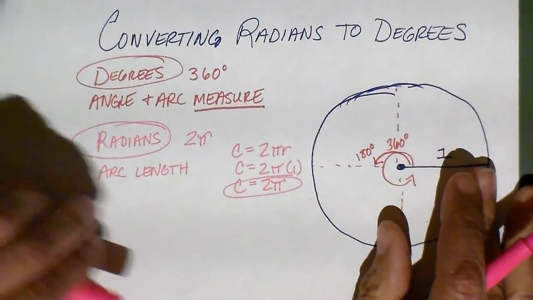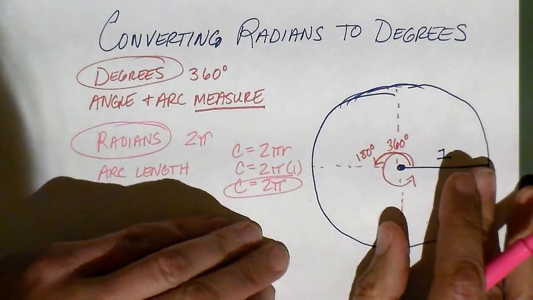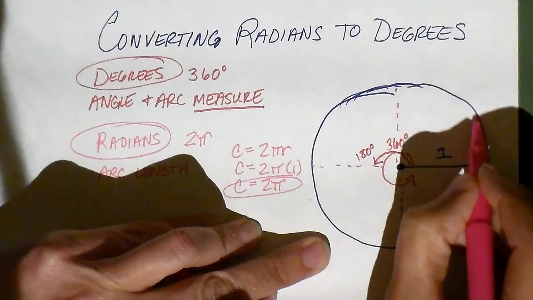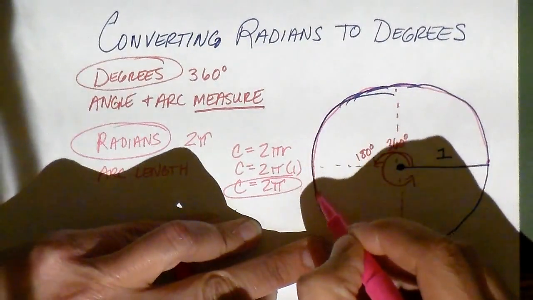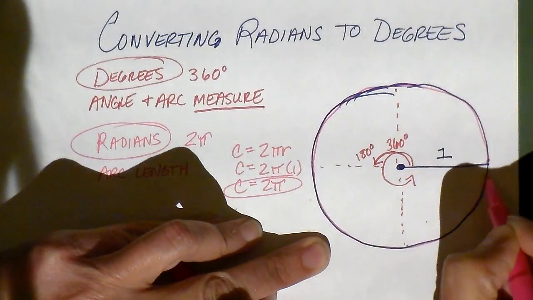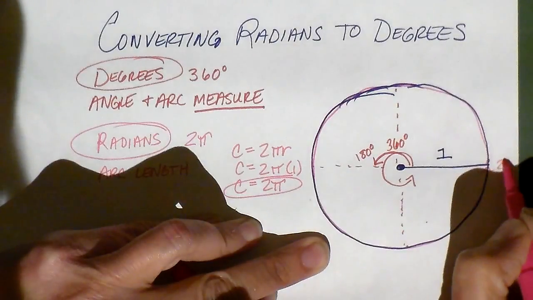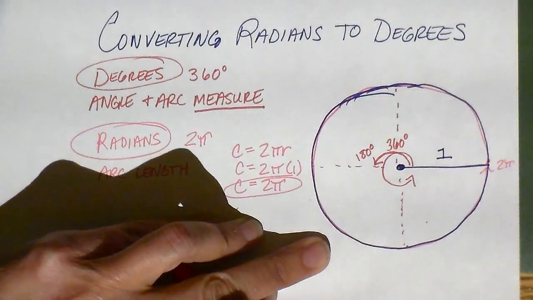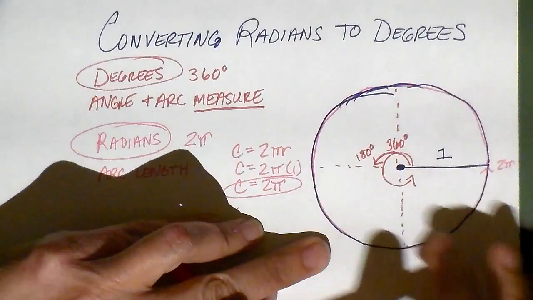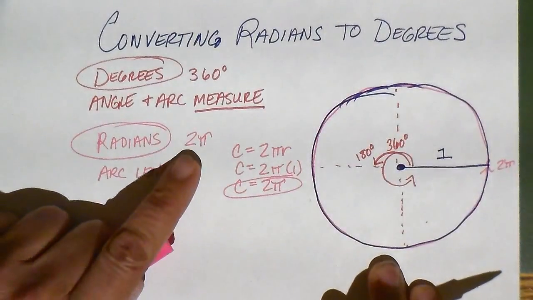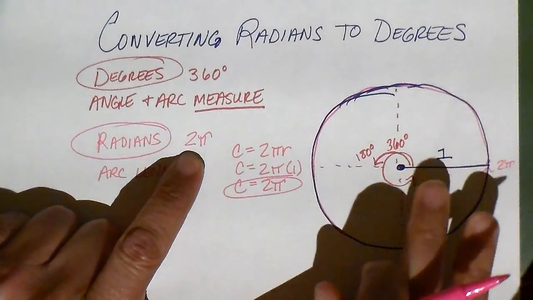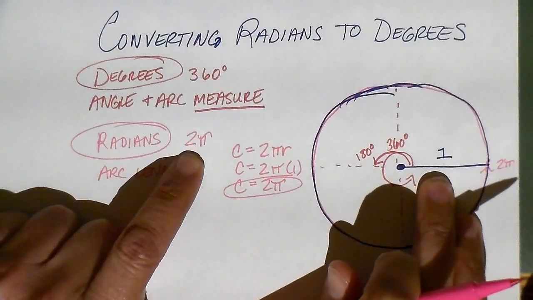If I'm actually looking, 2 pi, not 2 pac, by the way, just in case you were wondering. So if I go all the way around here, this full circle is 2 pi. That's 2 pi radians. That is the circumference of the circle. All radians are based on the circumference of a circle, the unit circle, with a radius of 1.